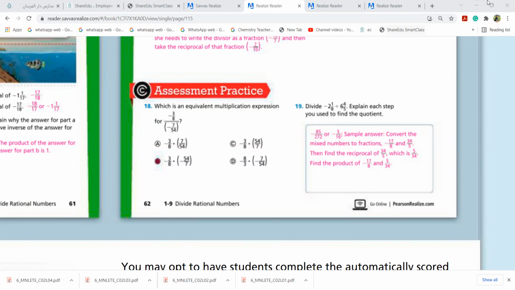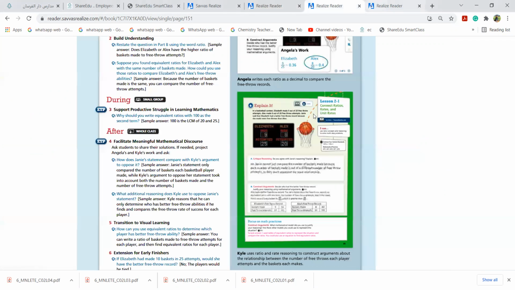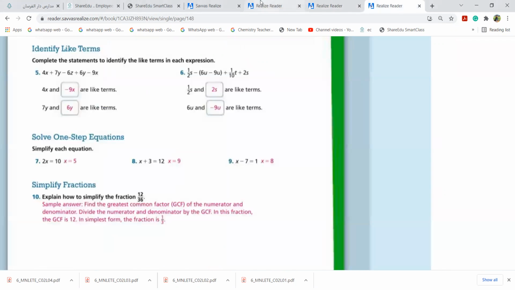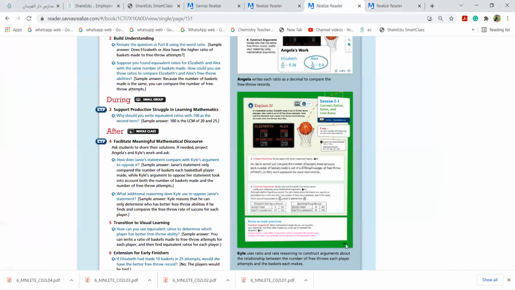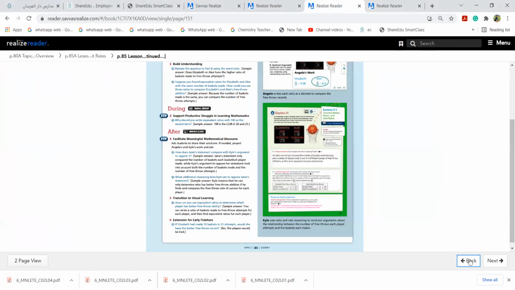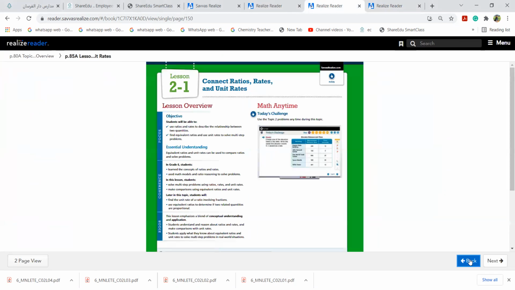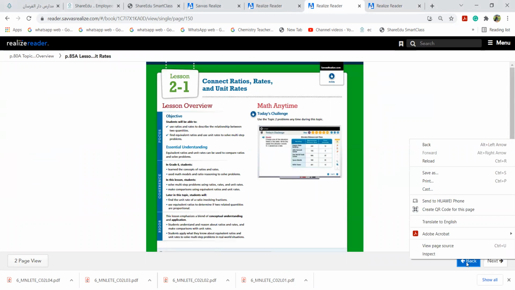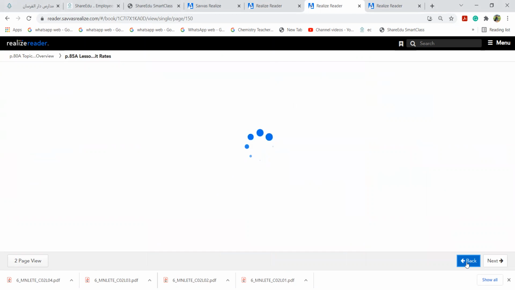Next. So we have finished the lesson. And next, before we go with 2.1, I can go with unit 2, do what you know, okay? Take out that page.